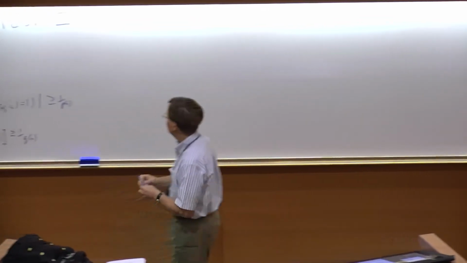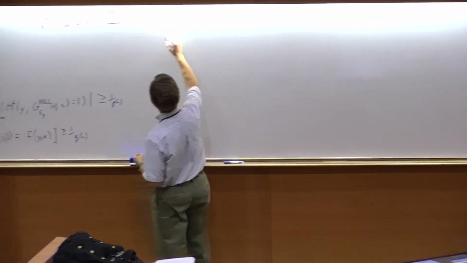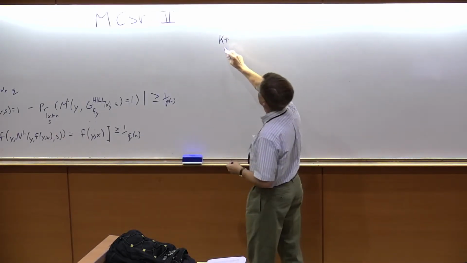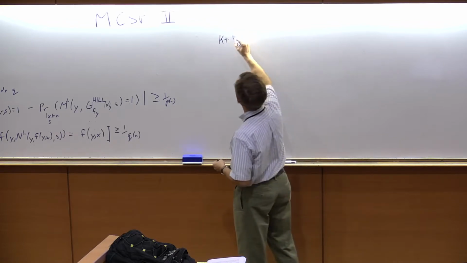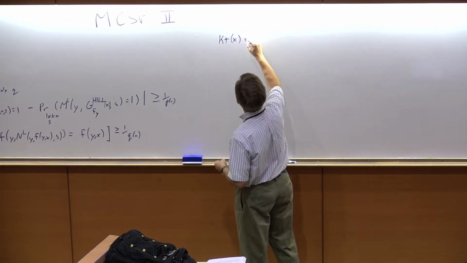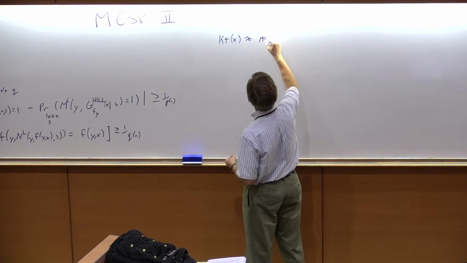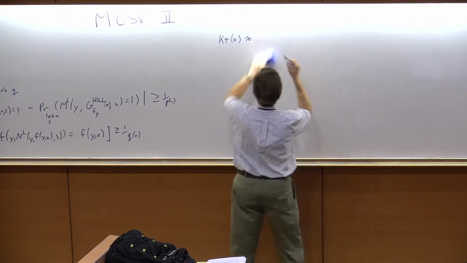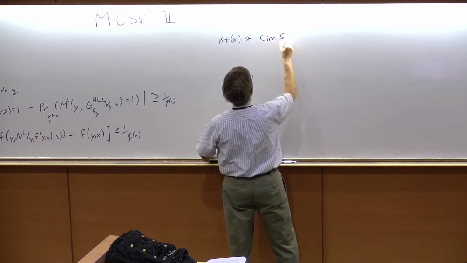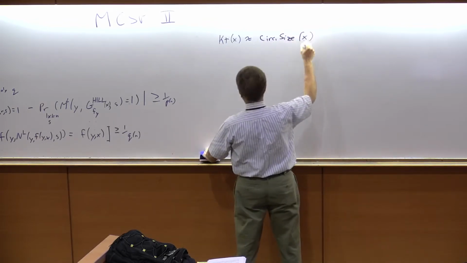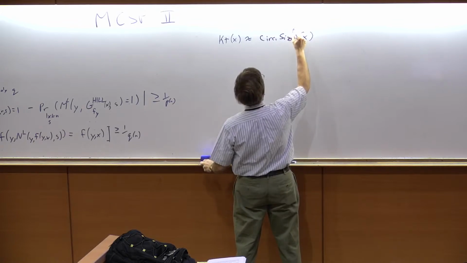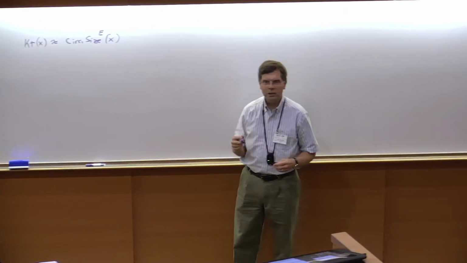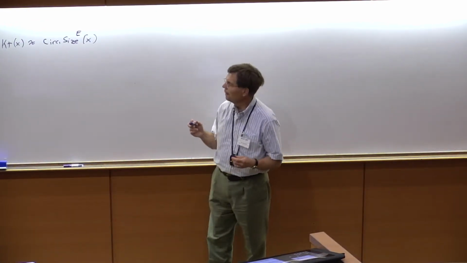So let me remind you. Last time we mentioned Levin's KT complexity of X, which we said was about the same thing as minimum circuit size of X on oracle circuits that have access to an oracle from deterministic time 2 to the order n.